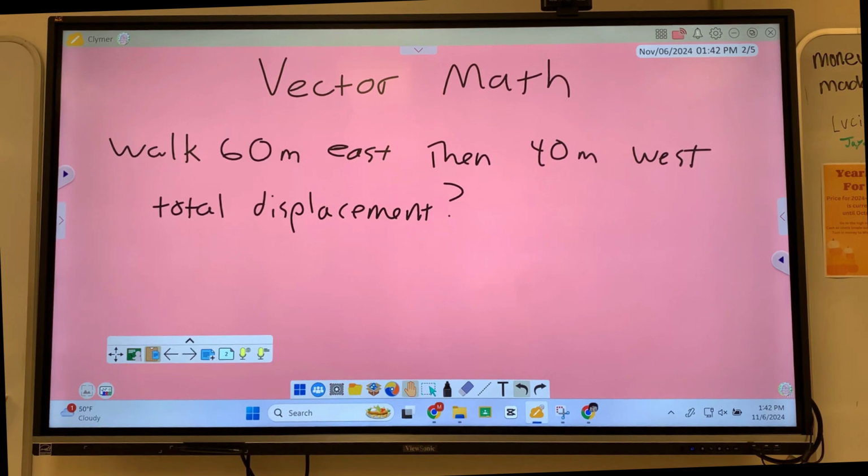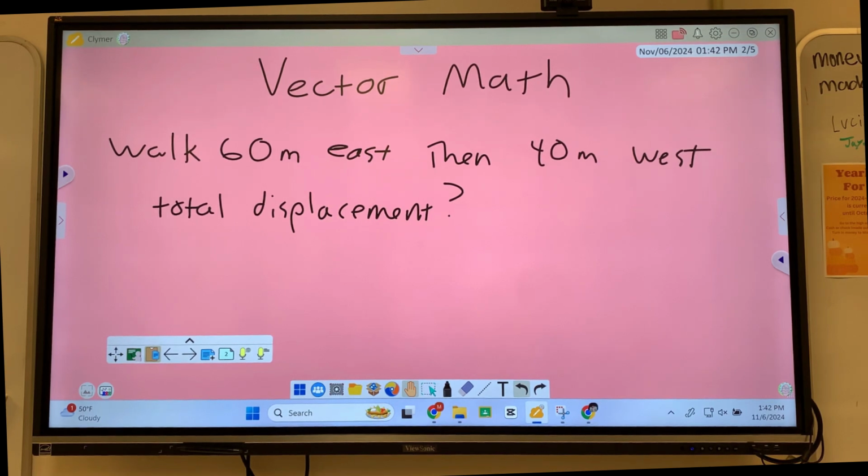If I walk 60 meters east and then 40 meters west, what is my total displacement? What's that? 20 meters. Not quite. Nope. That's your total distance, yes. You went 60, then 40, so your total amount of steps would be 100. That would be a scalar quantity.